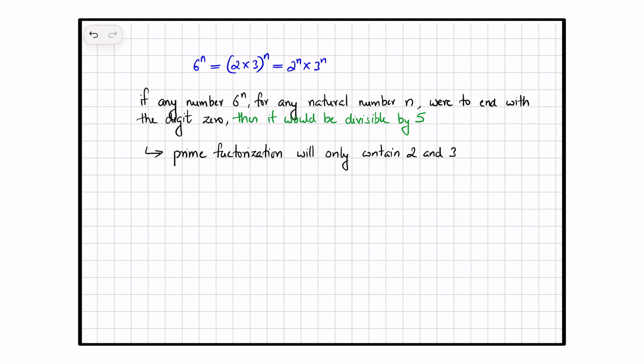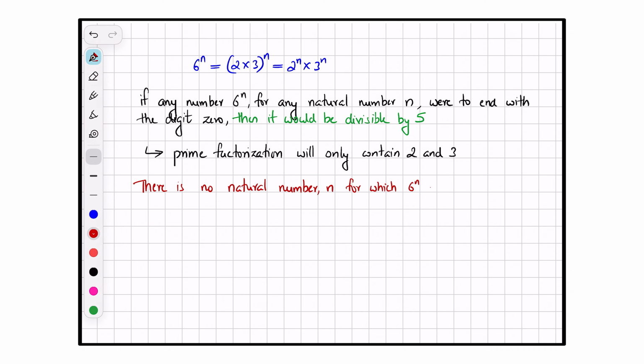The prime factorization will only contain 2 and 3, and 5 is not here. That means we cannot divide this number by 5, or in other words, there is no natural number n for which 6 power n ends with the digit 0.